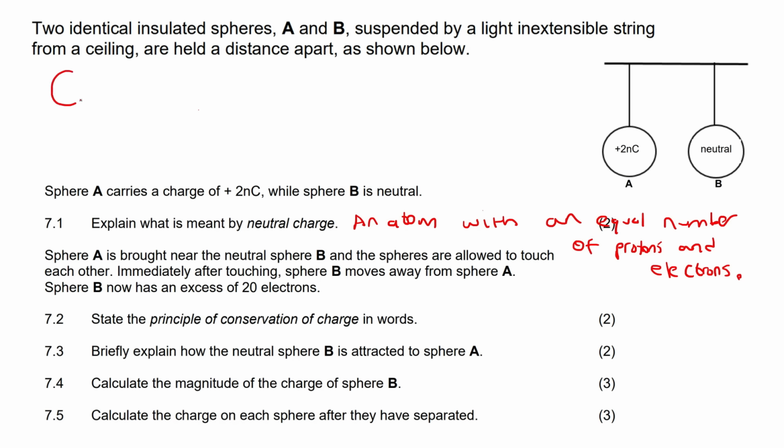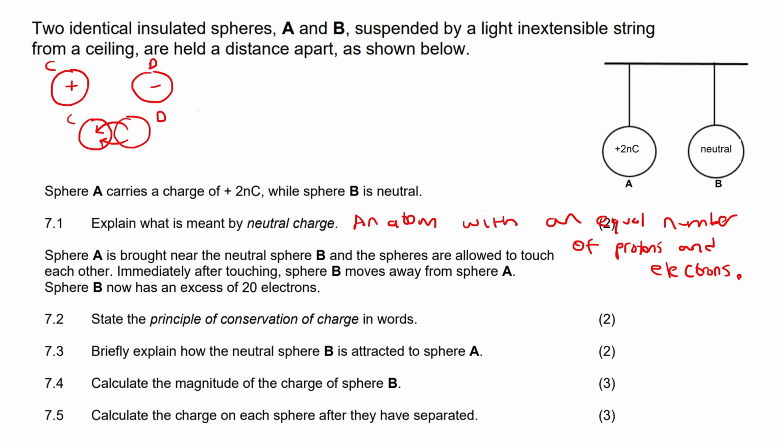Let's say we have two charges, C and D. Let's make this one positive, and let's make this one negative. What we've learned is that this one is negative because it's got more electrons than protons, and this one is positive because it's got more protons than electrons. So if you then made these two spheres touch each other, electrons will always go from the negative one and start moving over to the more positive one.